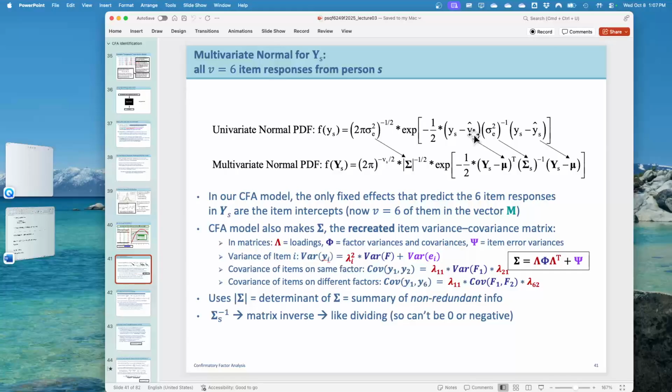The mean vector, we know from our algebra and our math, is formed by our item intercept parameters. The covariance matrix is formed by our factor loadings, factor covariances, and unique variances. That's what each of these matrices are. Capital lambda is loadings, capital phi is factor covariances, and capital psi is our diagonal matrix of unique variances.